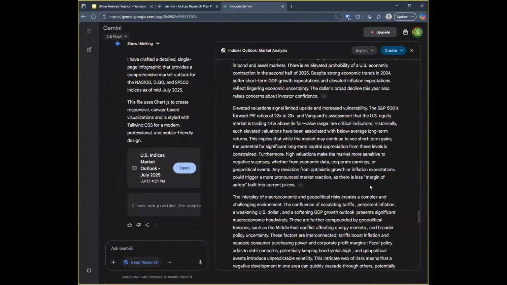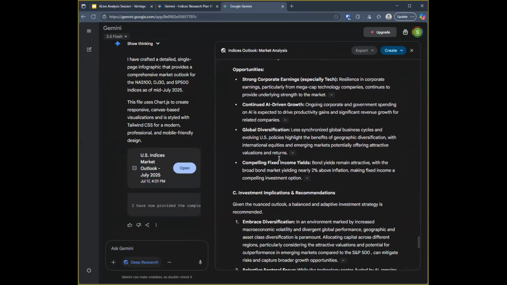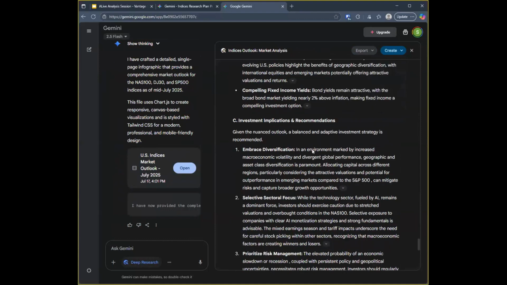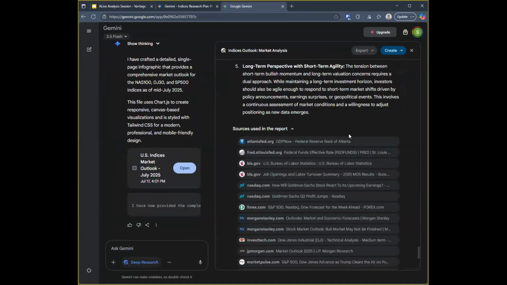Then you want to consolidate all of this information into an infographic for a quick overview. You can click on this create infographic, and you can even create a website for it.